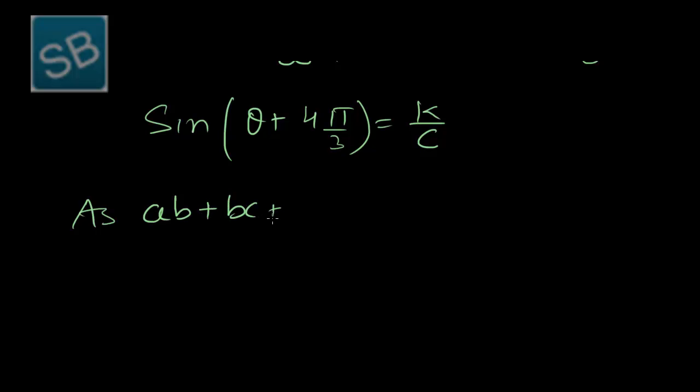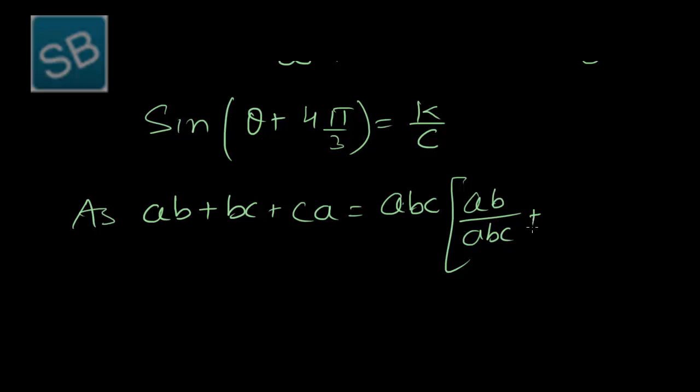Then we have AB plus BC plus CA, and by dividing and multiplying by ABC, we get AB over ABC, BC over ABC plus CA over ABC.